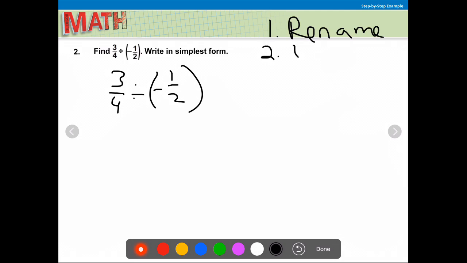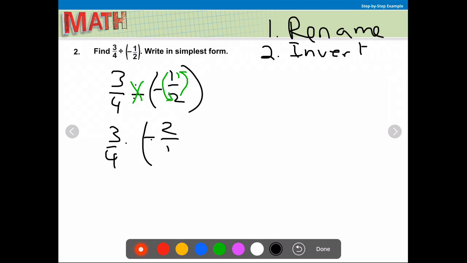Step 2, we're going to invert. So I'm going to take this 2, put it on the top, and put this 1 on the bottom, and then change the divide into a multiply. So I end up with 3/4 times -2/1.